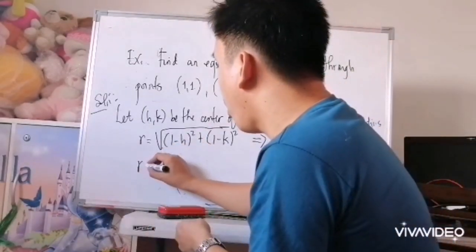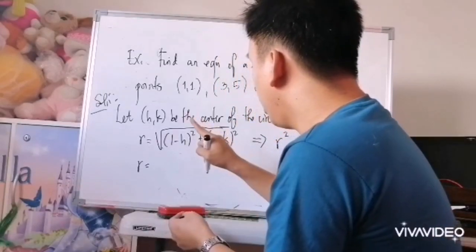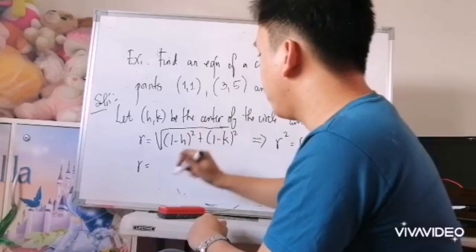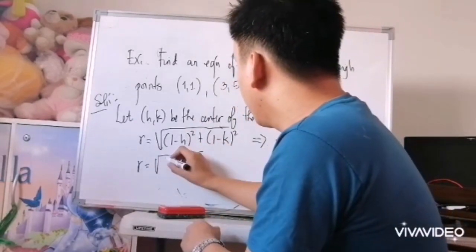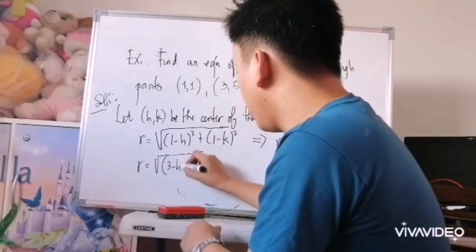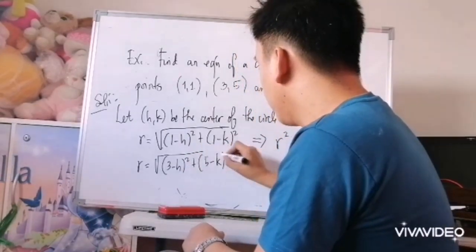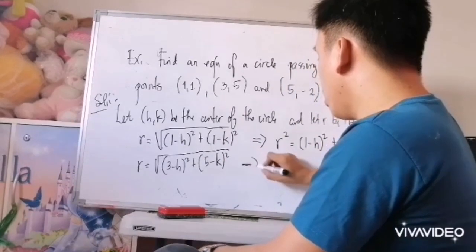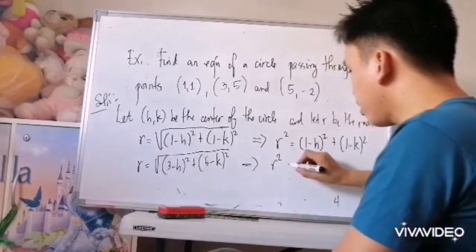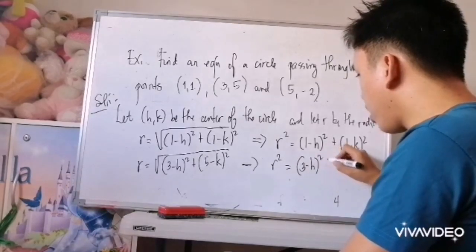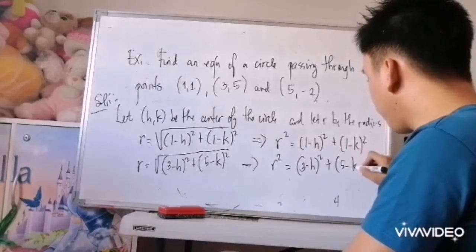Another is I have r, which is the distance from this point to the center. So I'll have (3 - h) squared plus (5 - k) squared equals r squared.